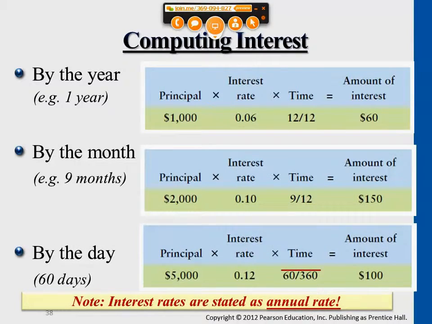In case the note is calculated by days, like the example we just talked about earlier, 60 days or 180 days, even though the 180 and 60 could be determined by months, if it's specified on the note as days, then we would just directly use the number of days to calculate it. So if it tells you that it's a 180-day note, don't try to translate that into 180 divided by 30 months. Don't do that.